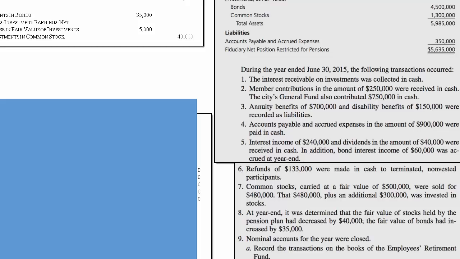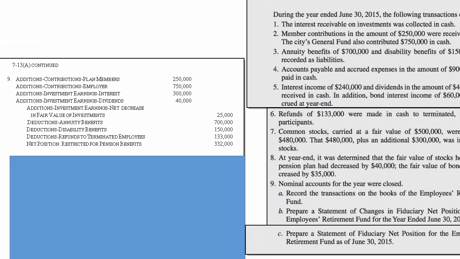Okay, next on the bottom right, we have transaction 9. Nominal accounts for the year were closed, and we need to record the transactions on the books of the employees' retirement fund. All right, so for 9A, we now have to record the transaction on the books, and we have to close them out. And so you see the transaction for 9A in front of you.